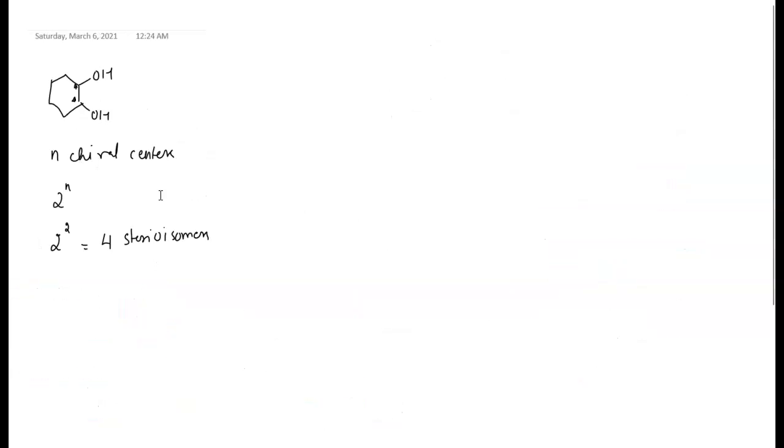Okay, but in the next example that I have, let's draw out the different enantiomers that can be possible here, which is where I have one OH pointing up and the other OH pointing down. In one case, its mirror image would be where I have this OH coming down and the other OH pointing up, right?